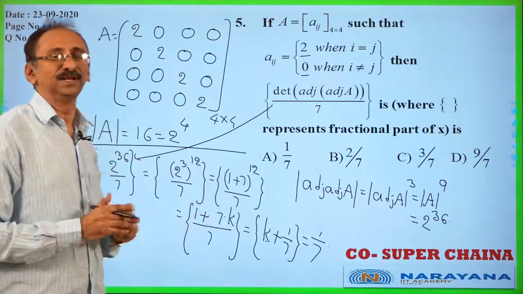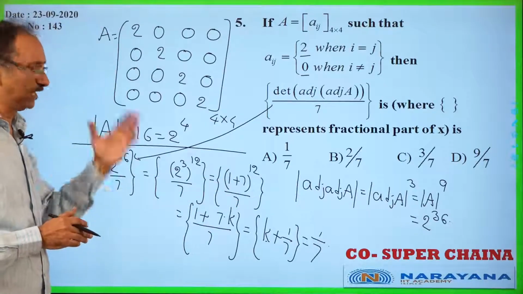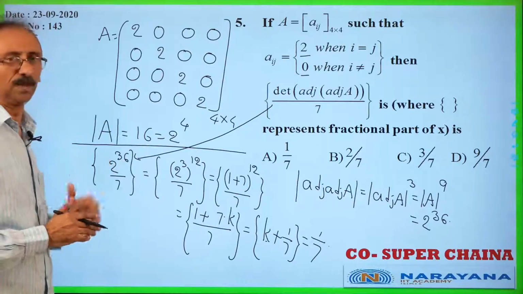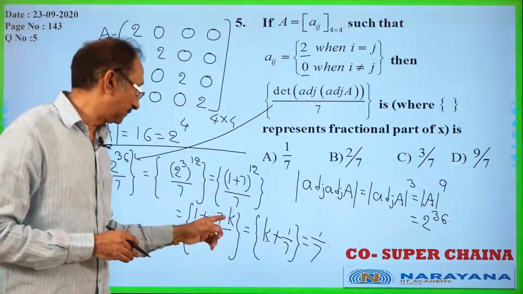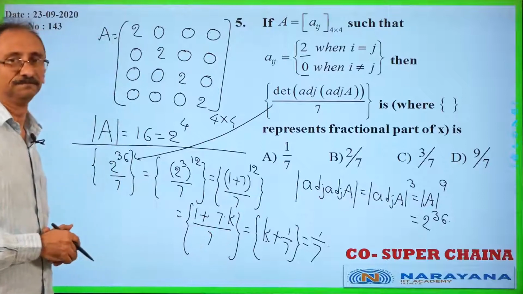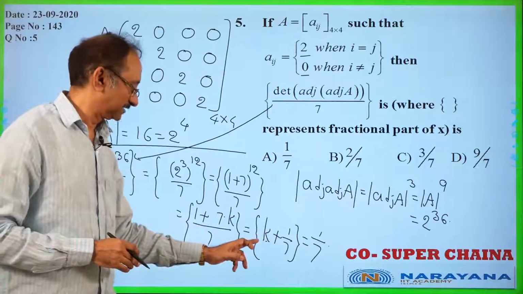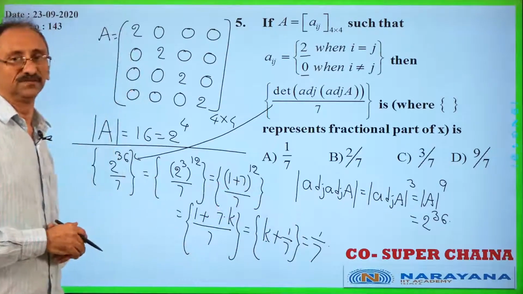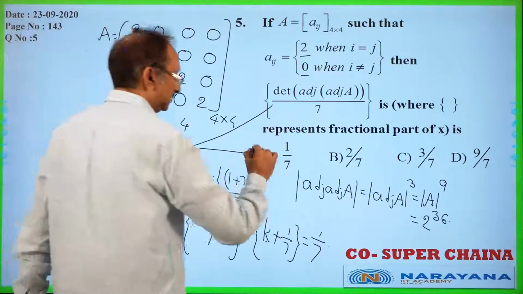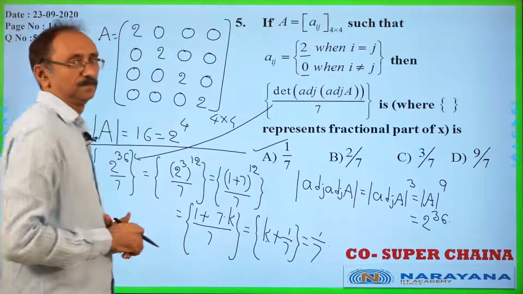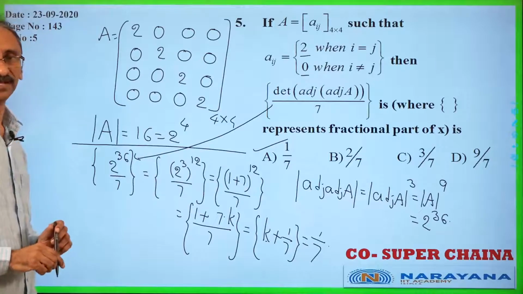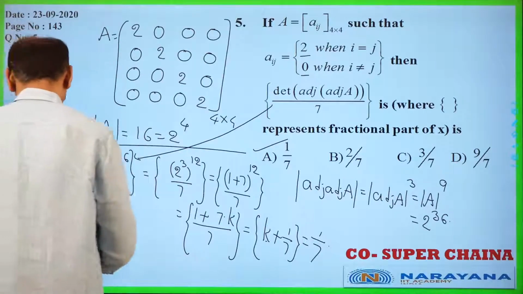It is called binomial expansion. You will learn very many problems in that later. And this is 1 plus a multiple of 7, by 7. Therefore, natural number plus 1 by 7, so its fractional part is 1 by 7.